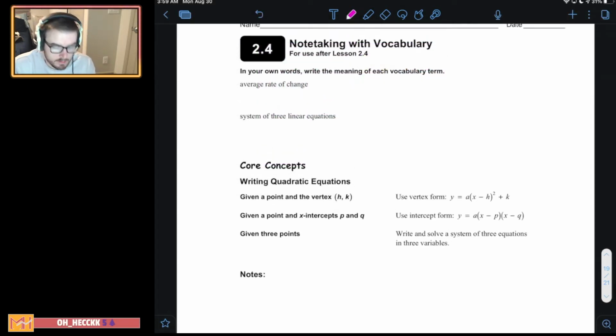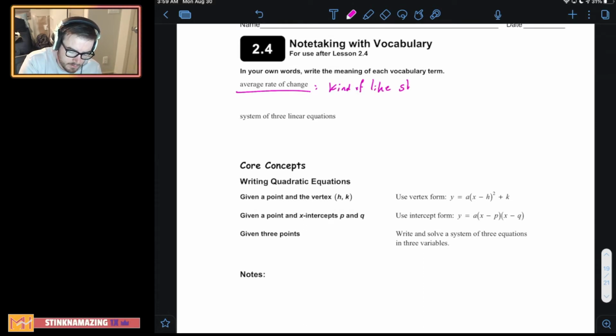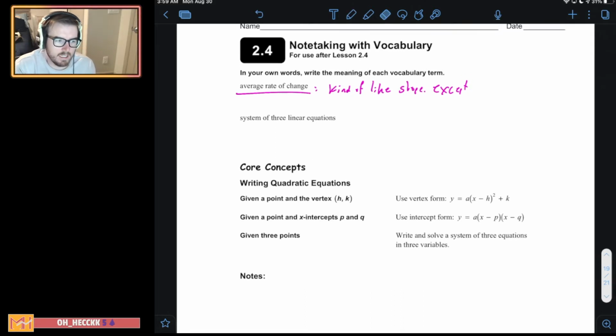So let's define some words as we dive into a few more examples. Average rate of change. This is essentially kind of like slope, except parabolas don't have slope, right? So it's as if you averaged the trajectory all together, right?